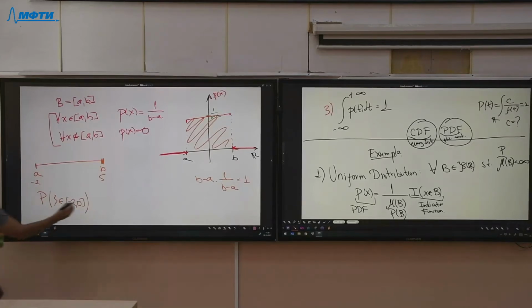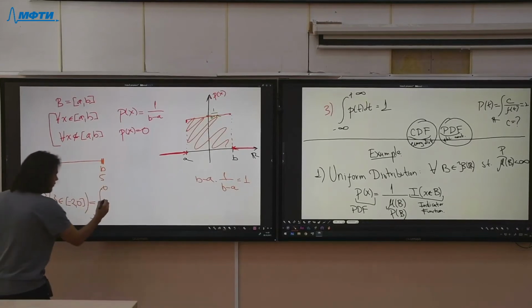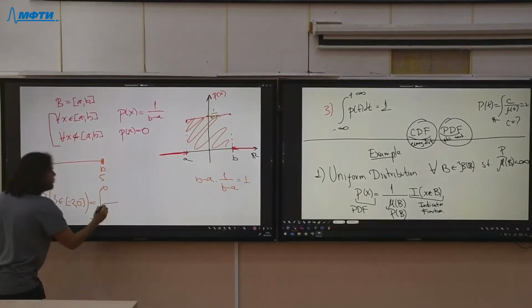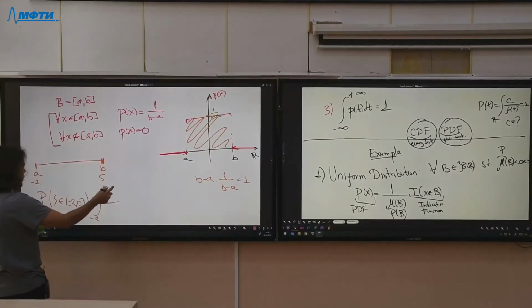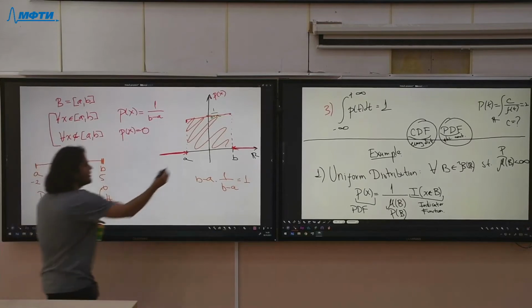So this has to be the integral from minus 2 to 0, right? Of the PDF, which is 1 over b minus a. So what is b minus a in this case? 7. dt, right? So it's this area from here.